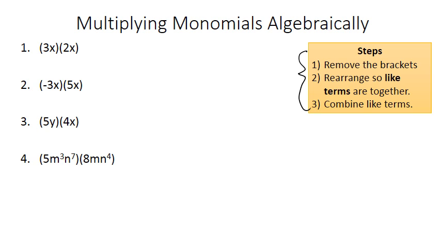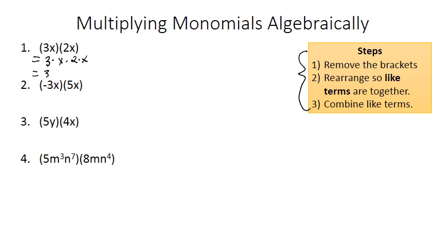Instead of writing this as 3x times 2x in parentheses, I'm going to write it out as 3 times x times 2 times x, because that's all that's really being asked in the expression. Then I'm going to rearrange it so that I have my numbers and my variables together.